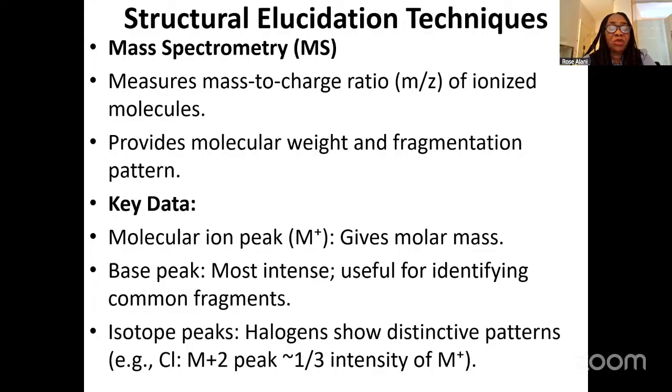You have the base peak, the most intense and useful for identifying common fragments. And then you have your isotope peaks, like halogens showing distinctive patterns in the peaks.